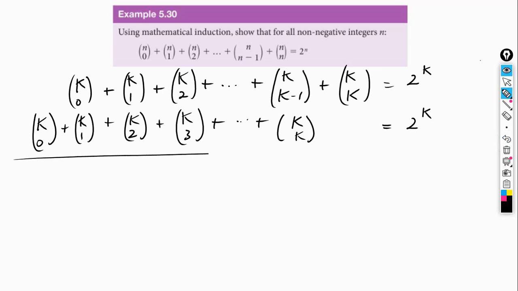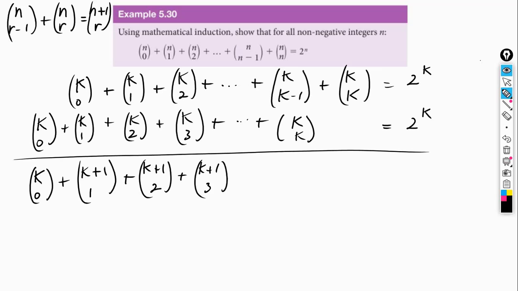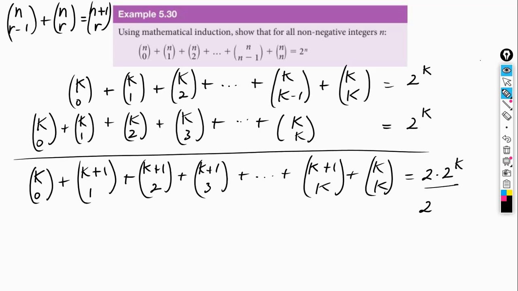So like I said, we're going to add this. So notice that we're going to get the following. Now this comes from this principle that we mentioned before, right? And then notice that this is the same as saying 2 to the k plus 1.